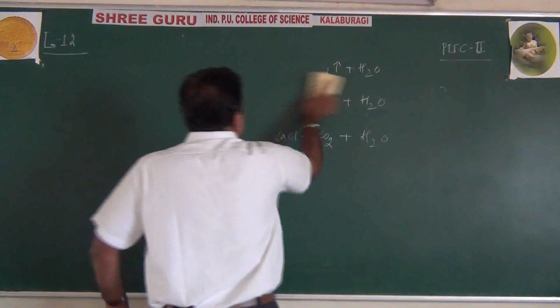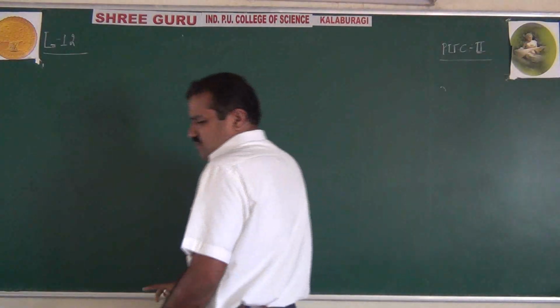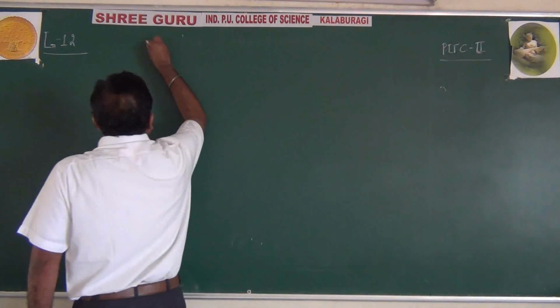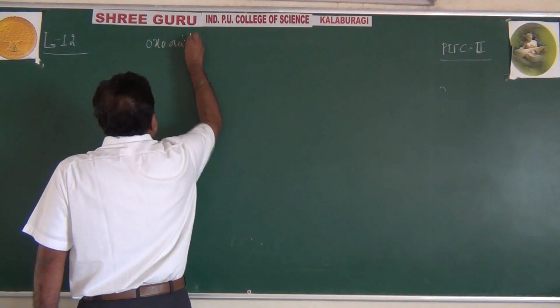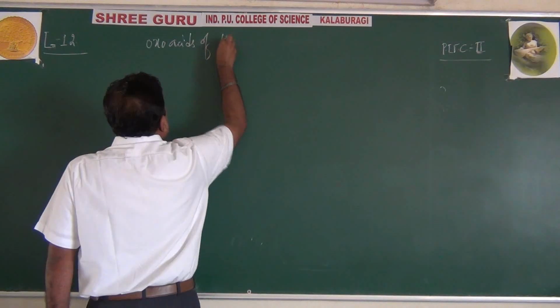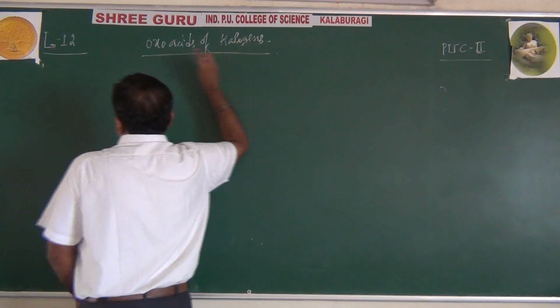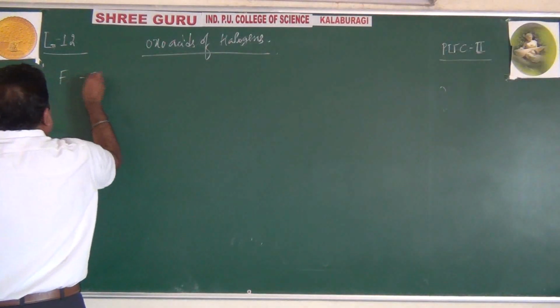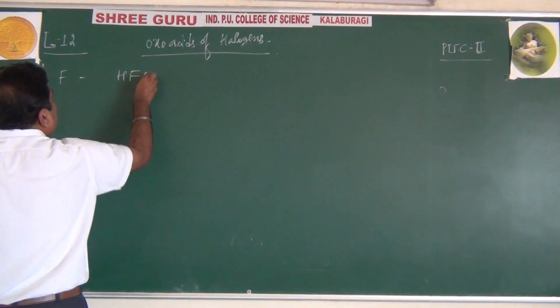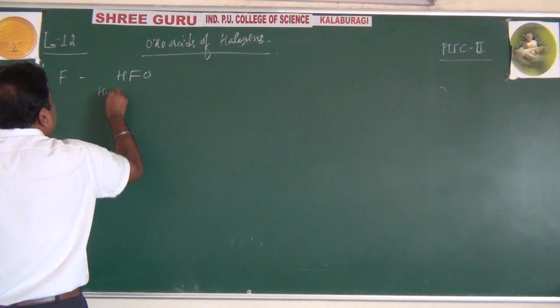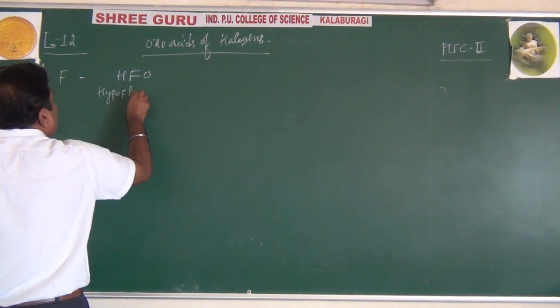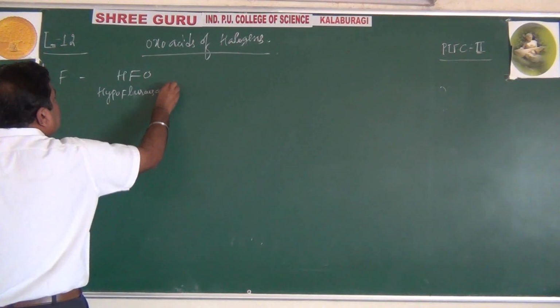Oxo acids of halogens. First, chlorine. Chlorine will form HClO, hypochlorous acid.